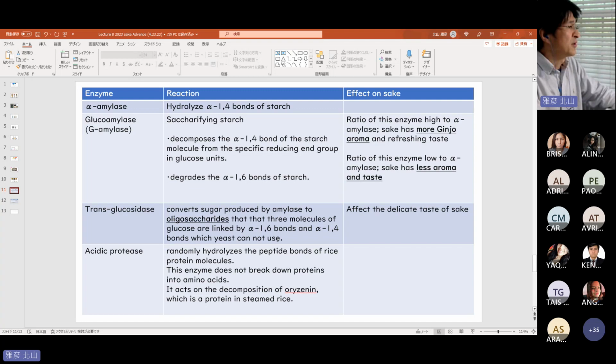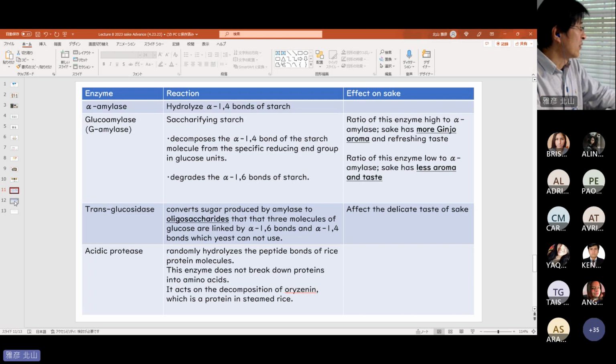But yeast cannot utilize it, so this oligosaccharide will be stored because yeast cannot digest it. And sometimes it produces a delicate taste within sake. But this is not very important. And these are glucosidase enzymes.